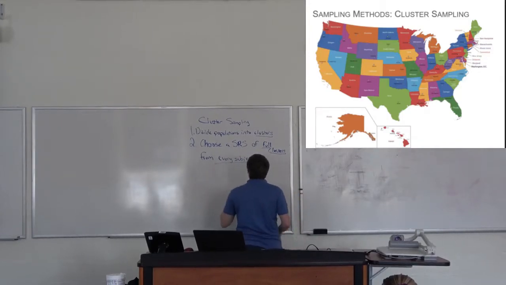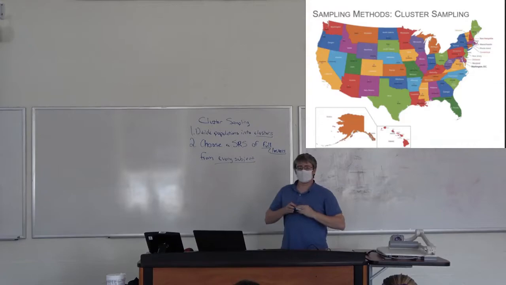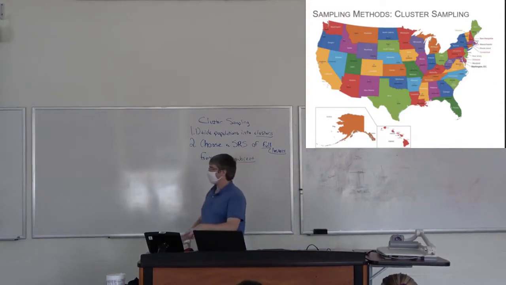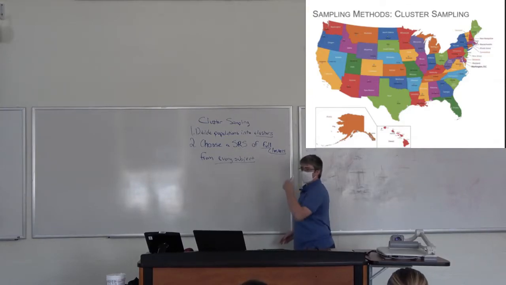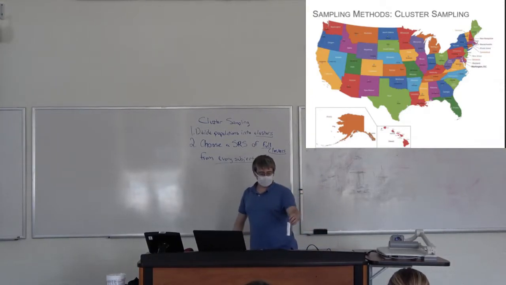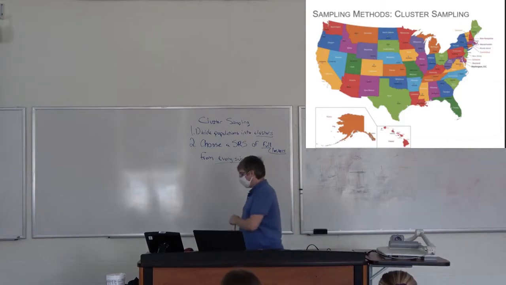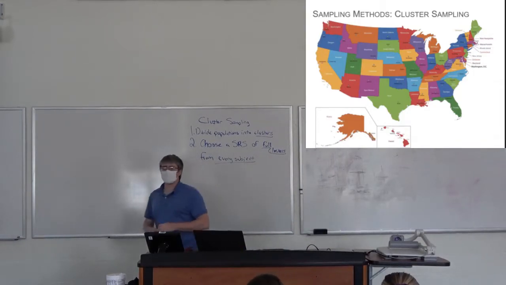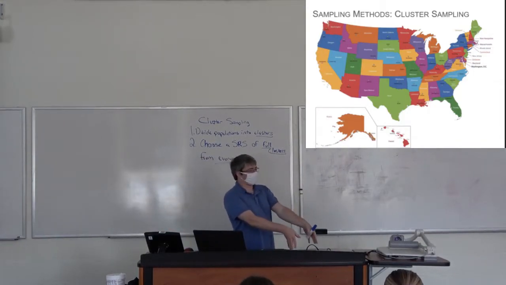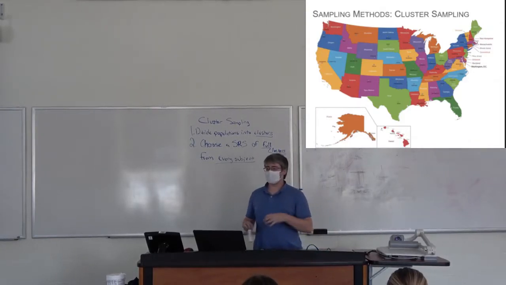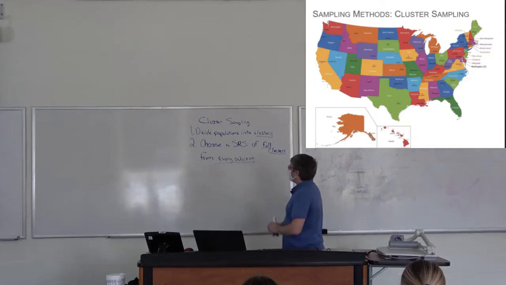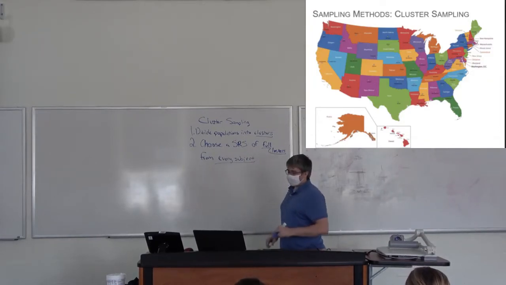And this is where it's different than the strata. With strata, you're having two groups, similar to maybe the clusters here. But with clusters, you're getting everyone in that cluster. So if I pick, let's just say major, let's just choose psychology, I'm going to choose everyone in psychology for that particular cluster, instead of strata where I only do 10 from them. And so I do a simple random sample from these other clusters.